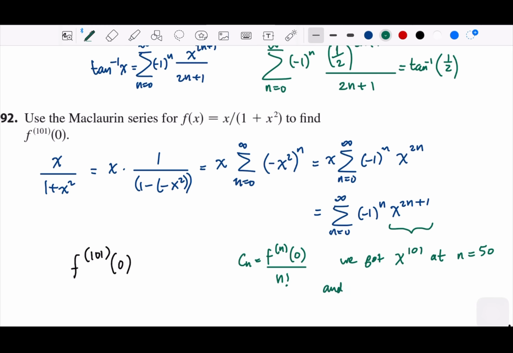And we get (-1)^50 times x^101. Okay. So the coefficient, because it's an even number, is just positive 1, right? Coefficient is 1, okay?